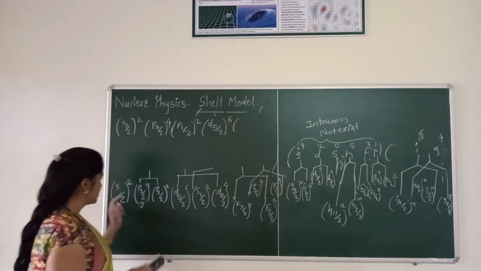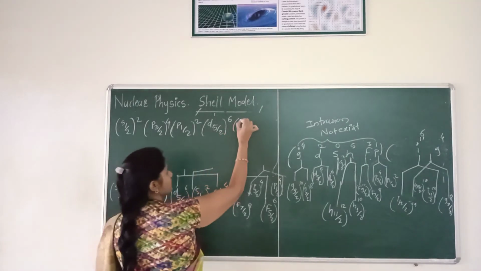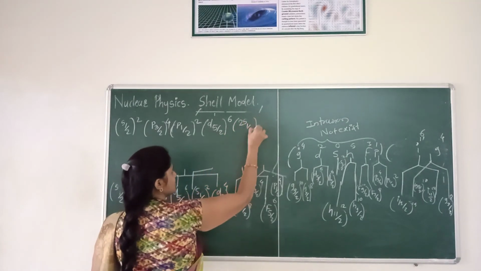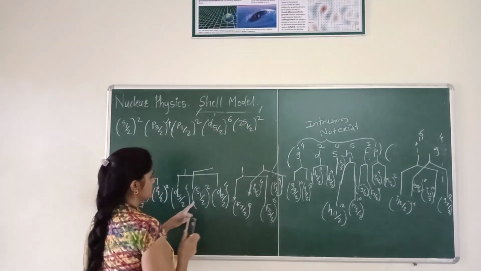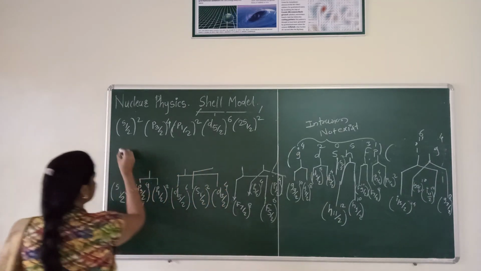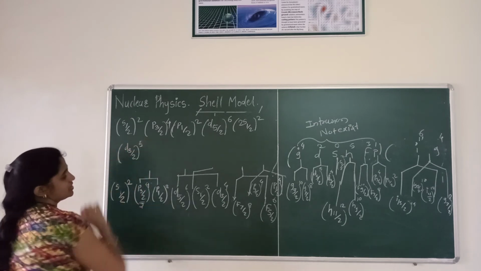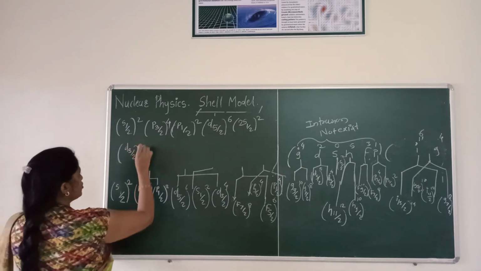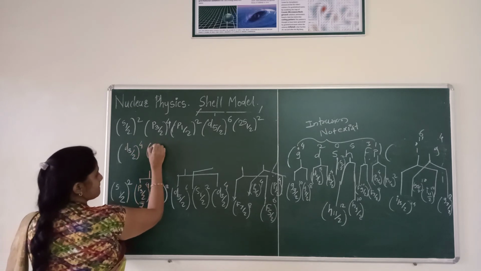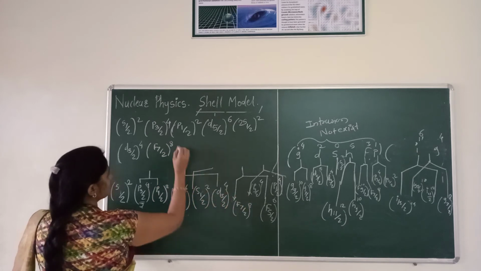Again, S is repeated, that's why it is called 2S. 2S 1/2 will contain 2 terms. Now D 3/2 will contain 4 terms. After that, F 7/2 will contain 8 terms.